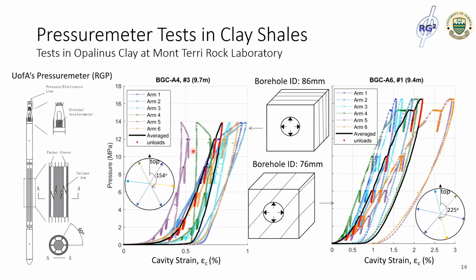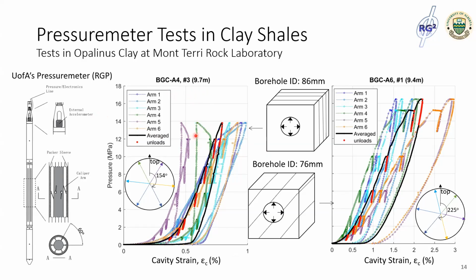And for the test at 9.7 meters in BGC-A4, the radial displacement readings have a kind of abnormal behavior. You can see here from arm 4 and arm 5, it starts to contract with the increase of pressure at about 12 MPa.